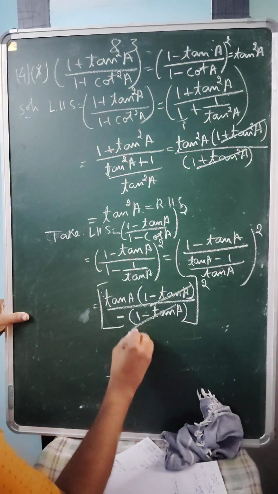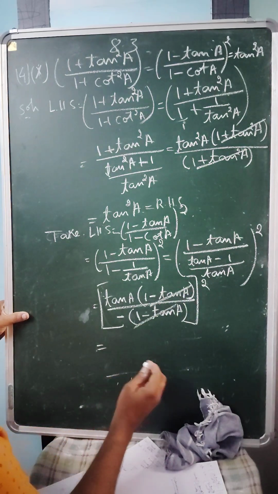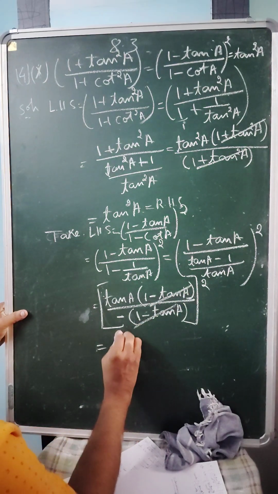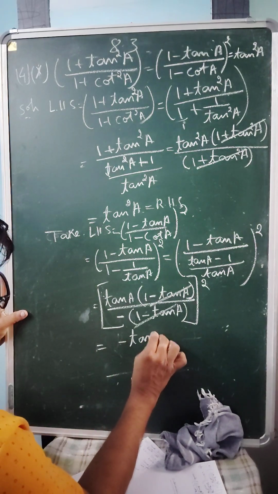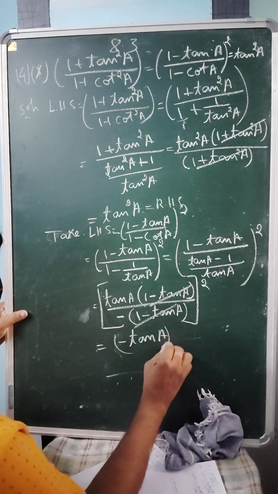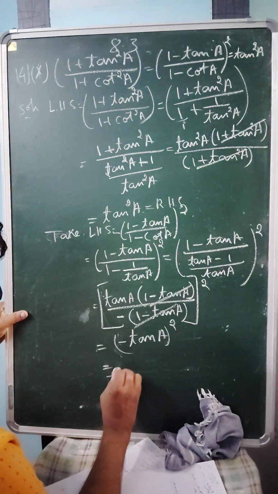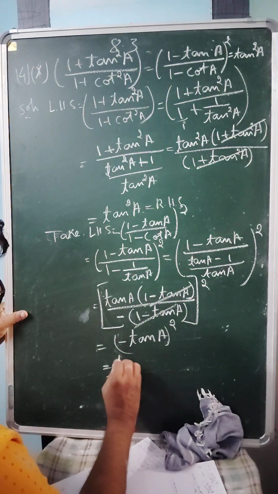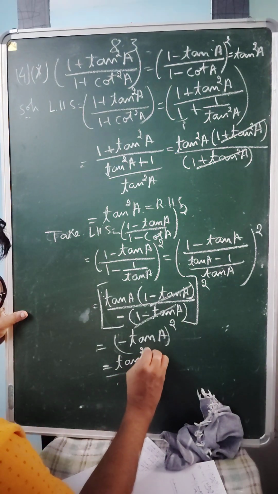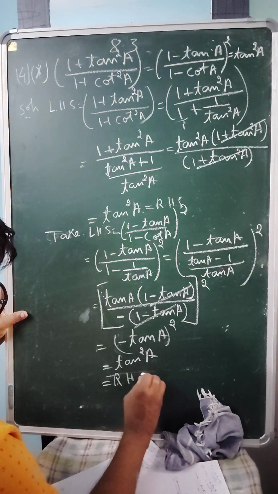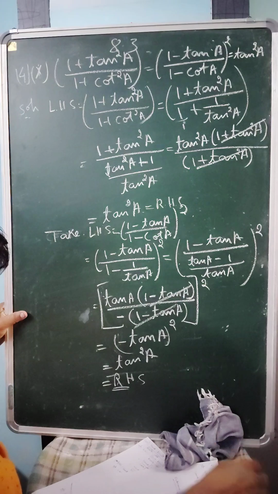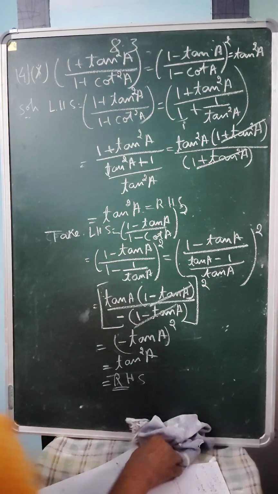These tan A get cancelled. Then minus tan A whole square is equal to, minus into minus gets cancelled, tan square A. This is RHS. This is the required answer for that 10th question.